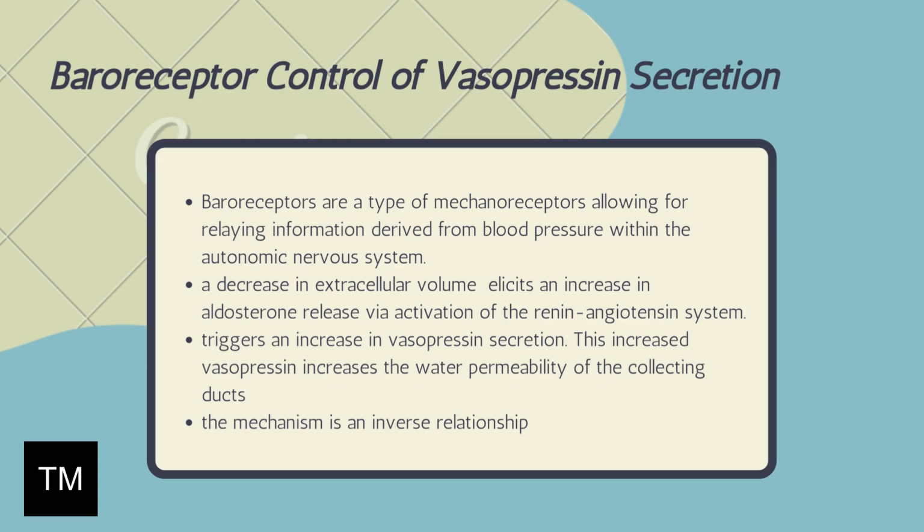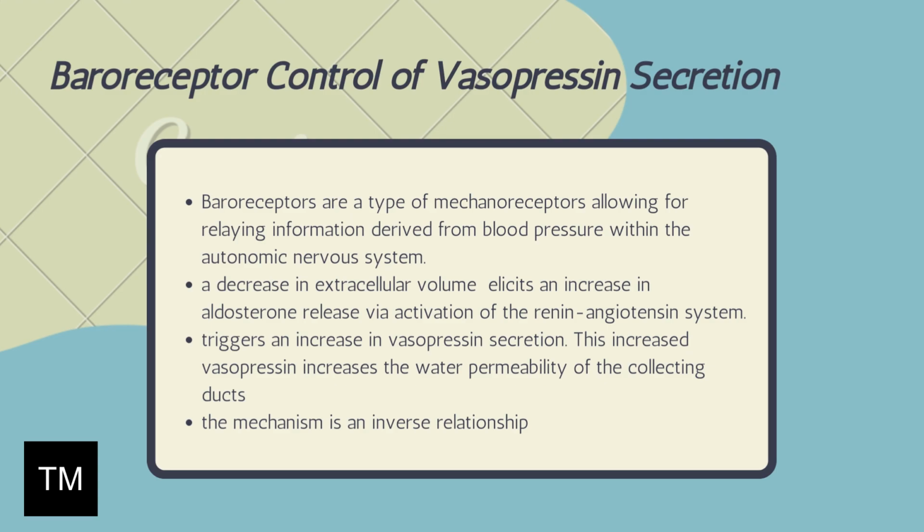So, for example, when one has diarrhea or a hemorrhage. However, a decreased extracellular volume also triggers an increase in vasopressin secretion. This increased vasopressin increases the water permeability of the collecting ducts. More water is passively reabsorbed and less is excreted, so water is retained to help stabilize the extracellular volume.